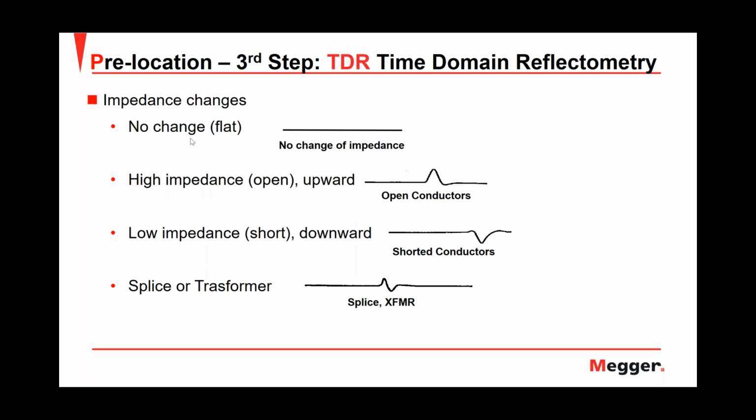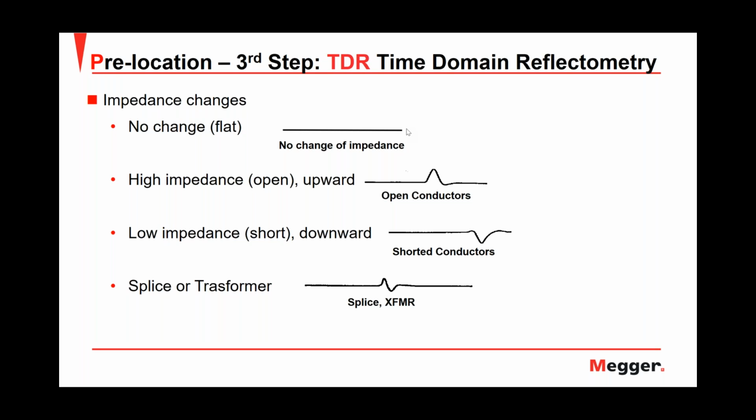Continuing with time domain reflectometry, you can see in this slide that we have different traces for the different changes of impedance. For instance, if we don't have any change of impedance, what we will see is a flat line, as you can see in this picture.